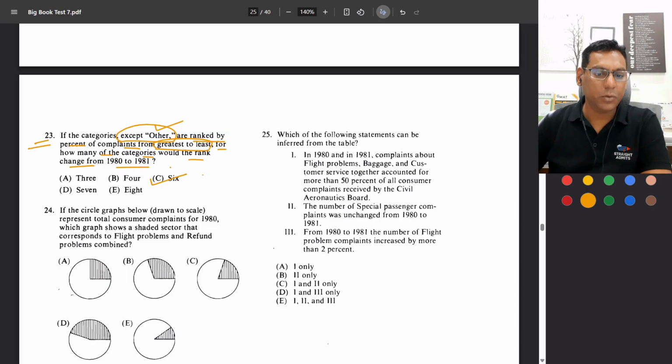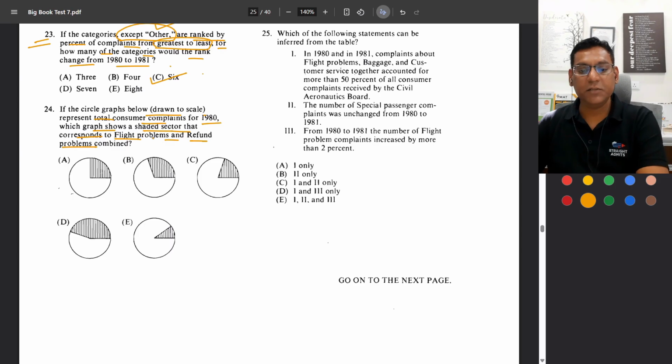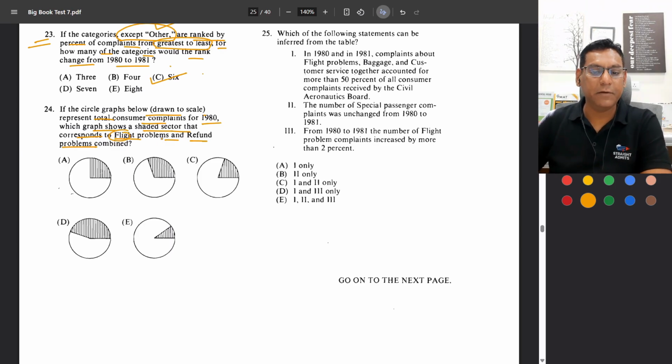If the circle graphs below, drawn to scale, represent total consumer complaints in 1980, which graph shows a shaded sector that corresponds to flight problems and refund problems combined? Let's find out flight and refund together for 1980.